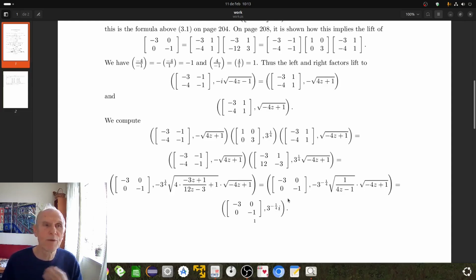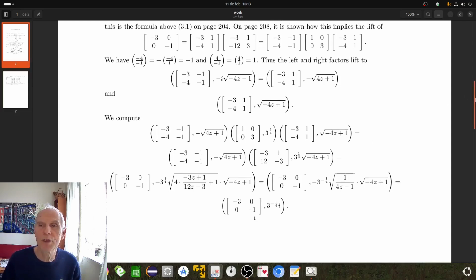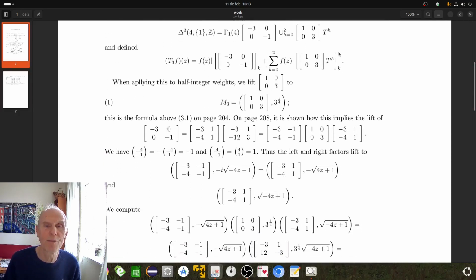Therefore, we have the formula for computing T3, which is not stated in the book.